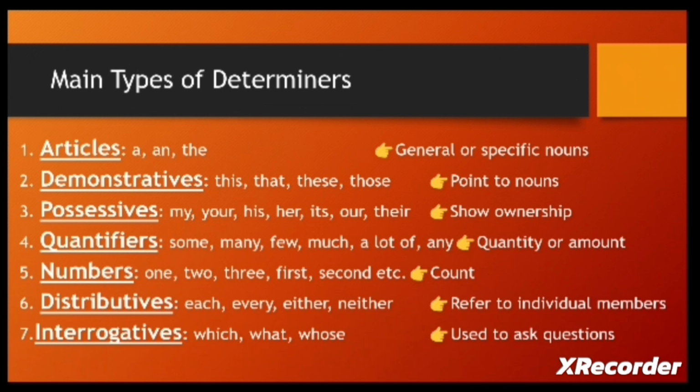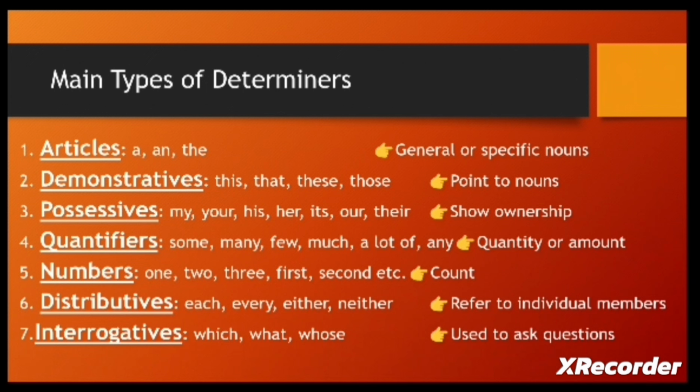Understand? Next is the quantifiers. Quantifier words are some, many, few, much, a lot of, any. These are words showing quantity or amount. Okay children? Next, the fifth one, determiner of number, like 1, 2, 3, first, second, etc. Here you can use ordinal numbers and cardinal numbers also.